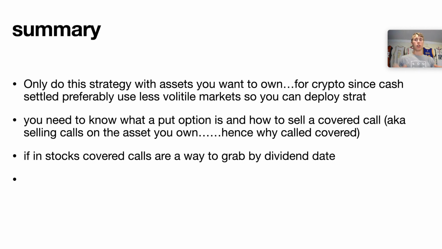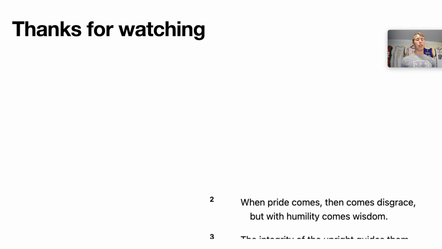That's why it's covered. You own the asset and you're selling a call on it. It means you're owning the asset and you're also bearish on it at the same time. So bullish, bearish. Selling calls is bearish. Buying calls is bullish, because that means you can get the asset at a cheaper price. So if you're trading in stocks, covered calls are a great way to grab by the dividend date.